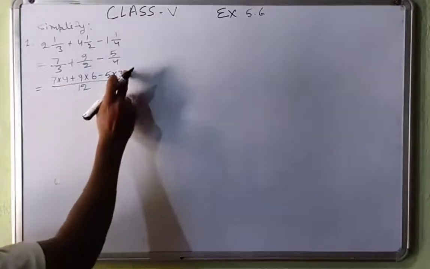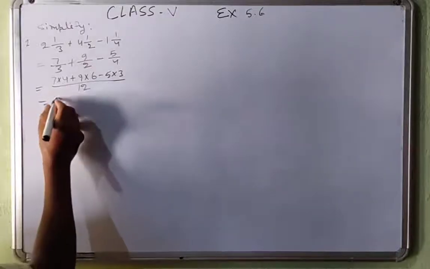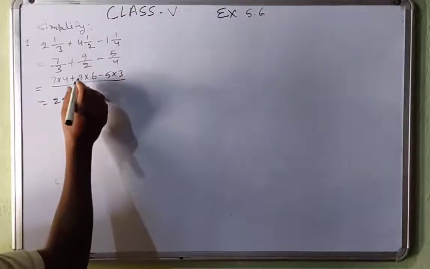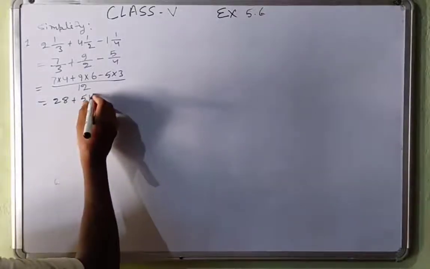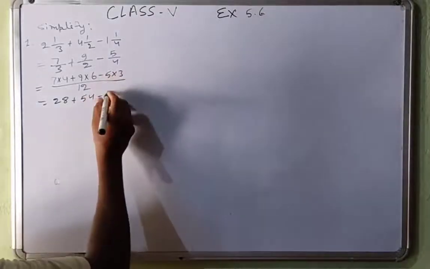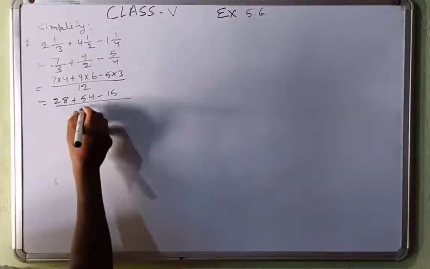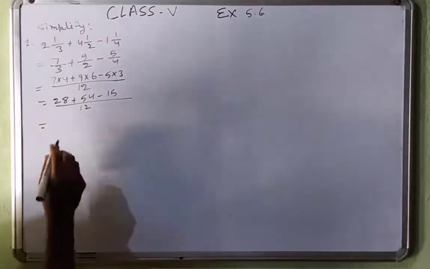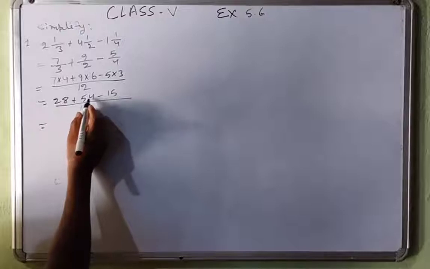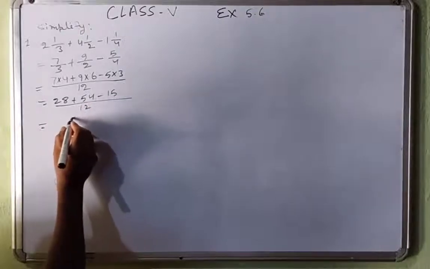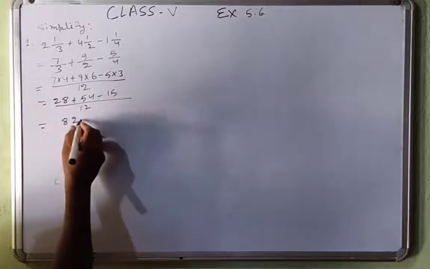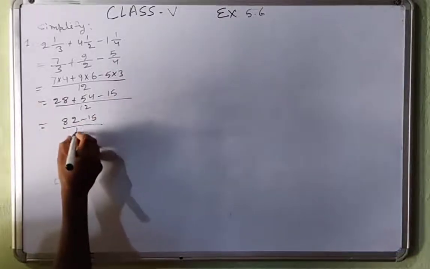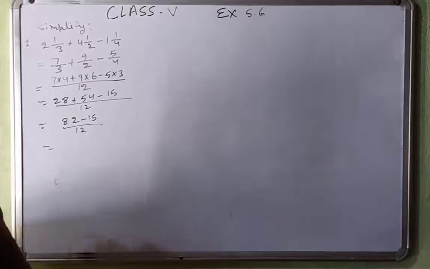That time you will write 7 times 4 is 28, plus 9 times 6 is 54, minus 5 times 3 is 15, upon 12. Then add these two: 8 plus 4 is 12, carry 1, 5 2 7, 1 8 minus 15 upon 12.